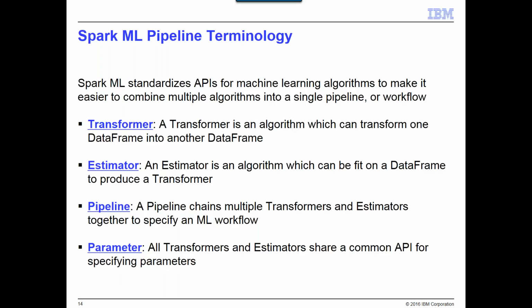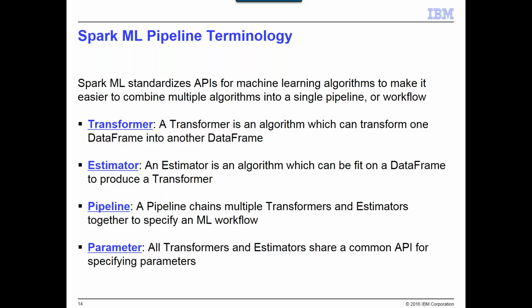The other thing is an estimator. That allows you to fit a data frame and basically produce a transformer. In this case, the transformer is something that would make a prediction. In our case, the estimator is going to be logistic regression. We already talked about a pipeline. Each of the stages has the ability to set parameters, which we'll see in a little more detail.